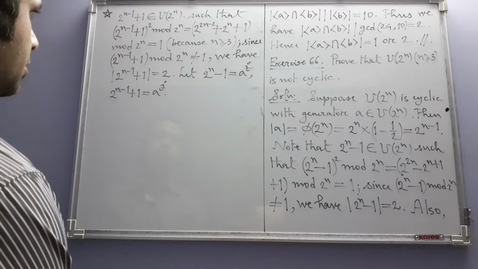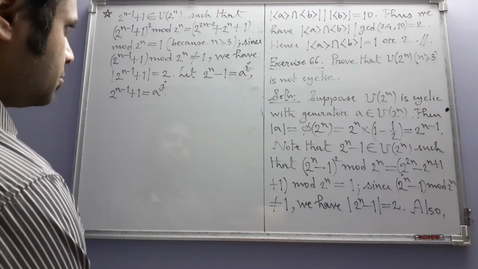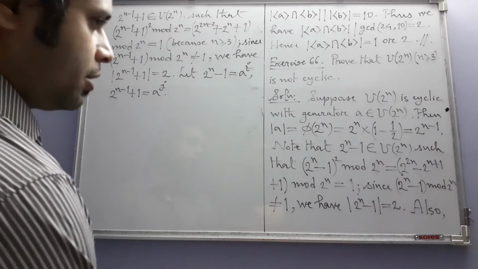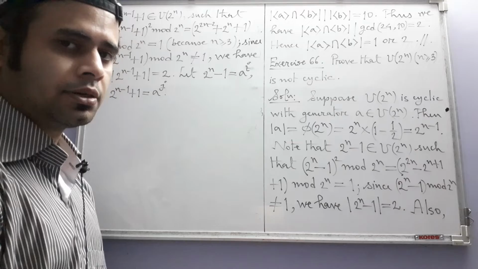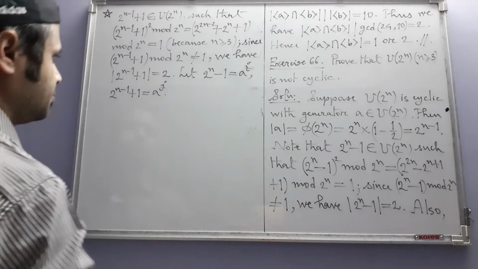Okay, now we apply the formula for the order of a to the power i in terms of the order of A. We have this thing in the theory of cyclic groups.